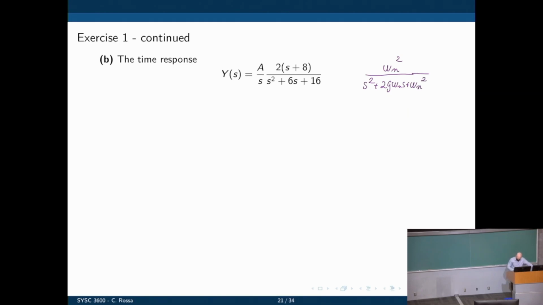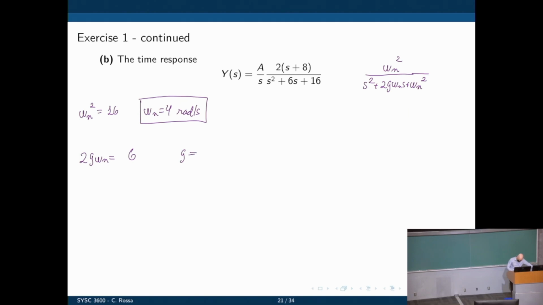So what is omega n? Omega n squared equals 16. Omega n is 4 radians per second. And then we have 2 zeta omega n equals 6.